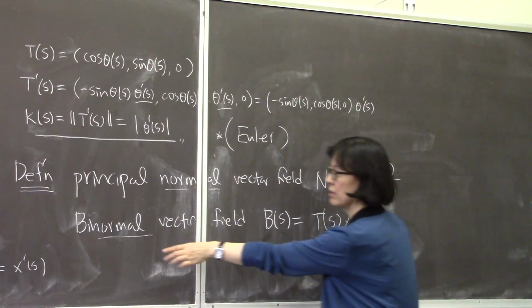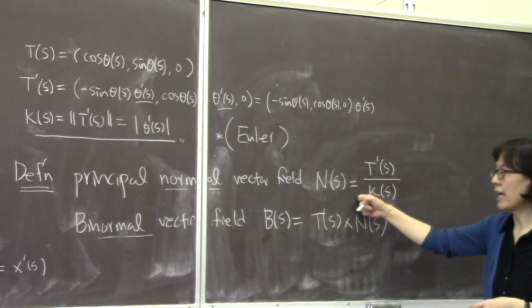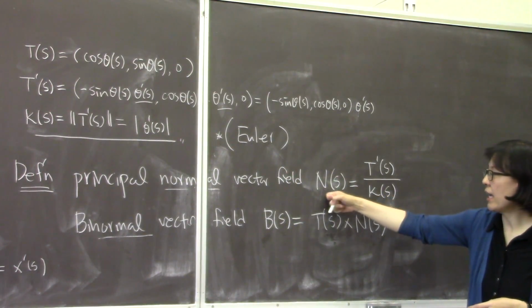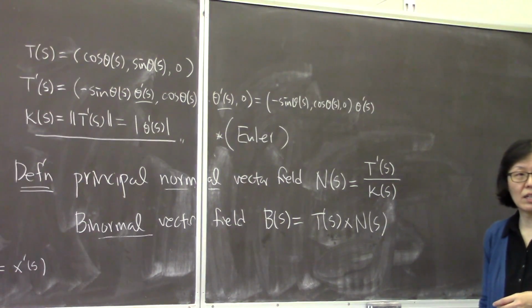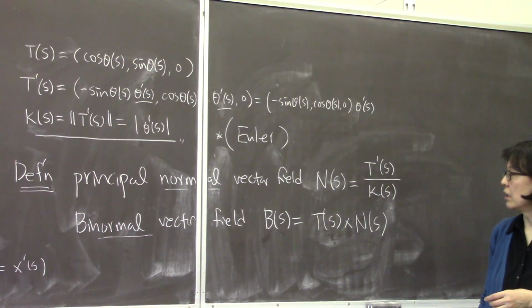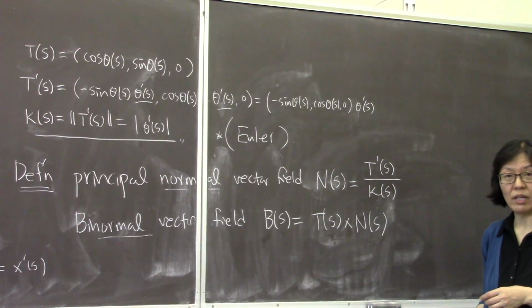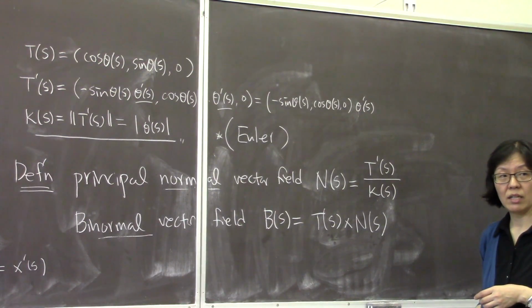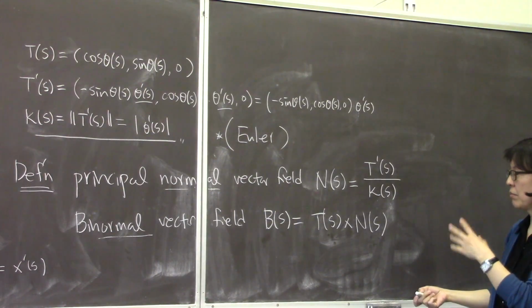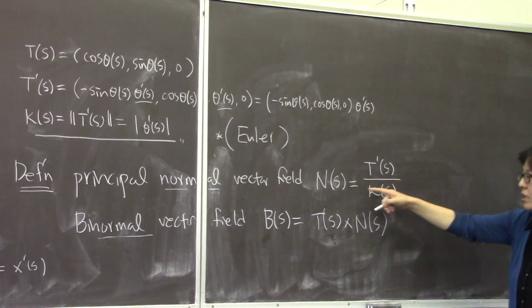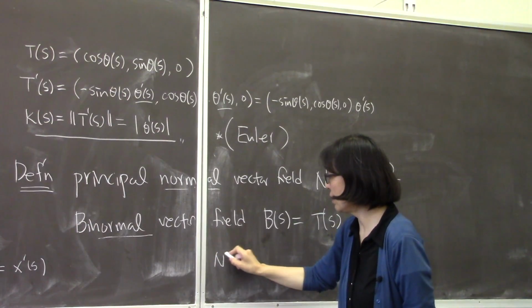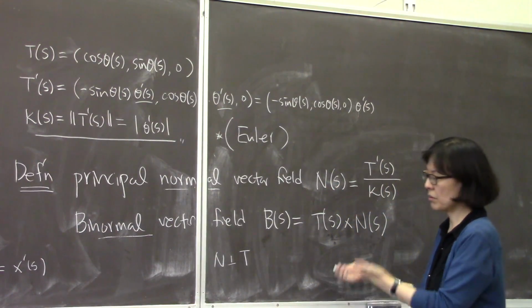So that makes sense. But why is N normal? N is orthogonal to T as well. We can see it here: N is normal to T because of this fact.